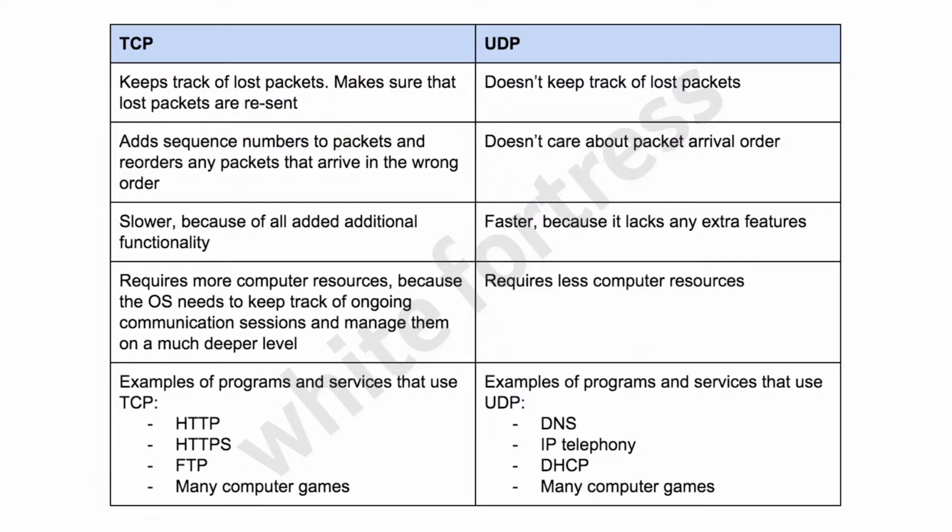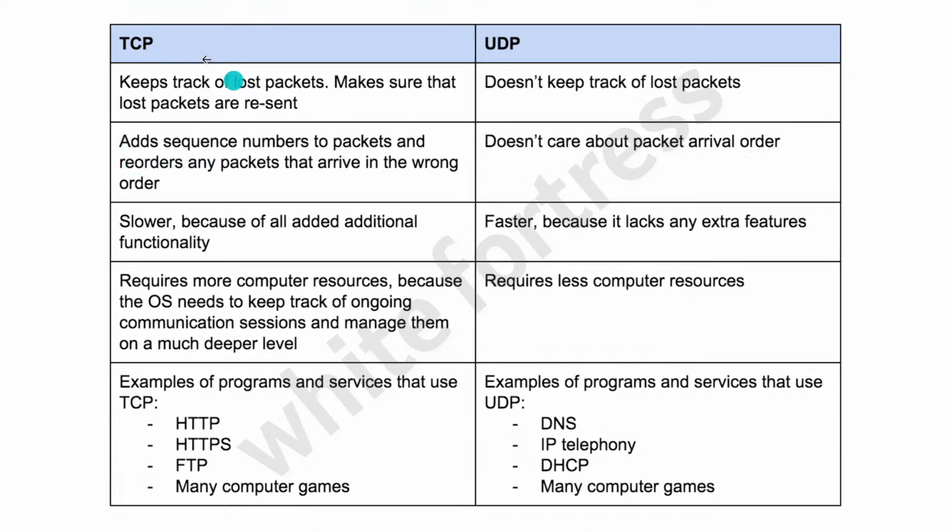The TCP protocol adds sequence numbers, so the packets go from one end to the other in a particular sequence. If any packet gets lost, then the packet will be resent from the sender side. But UDP doesn't keep track of any lost packets and doesn't add any sequence number to the packets. So it does not care about the packet arrival order either.